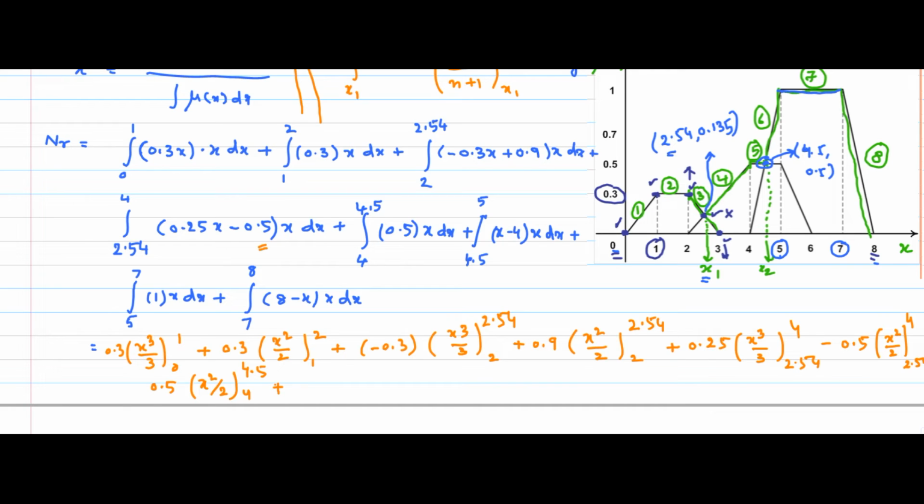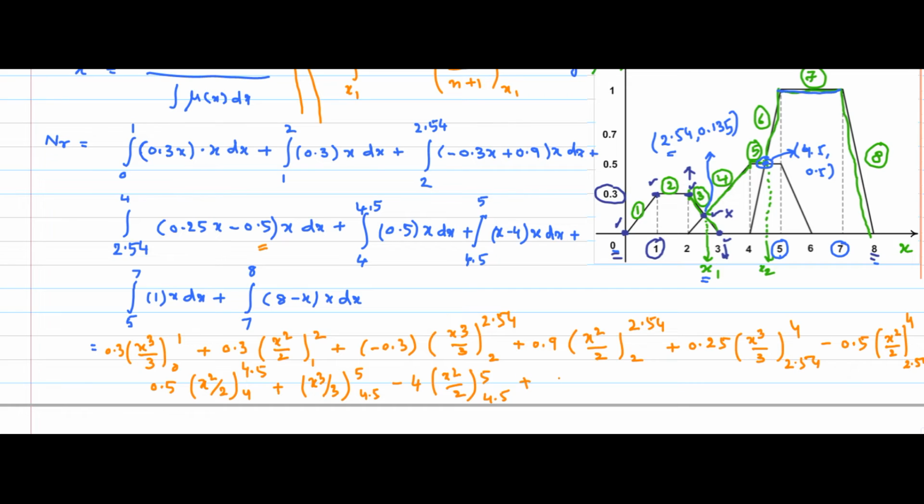This point is over. Now let's move on to next point. It is integral of x into x square, so it should be x cube by 3, and it is from 4.5 to 5, minus 4 into x square by 2 from 4.5 to 5.